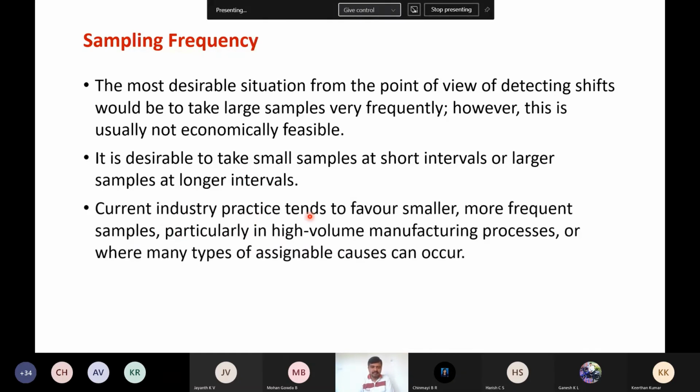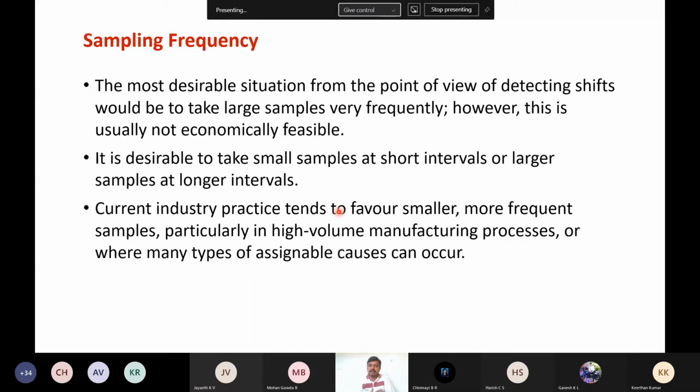Current industry practice tends to favor smaller, more frequent samples. If the time between taking two samples is longer, the problem is that you may end up producing more defects, since you have not taken a sample for evaluation for a longer period.